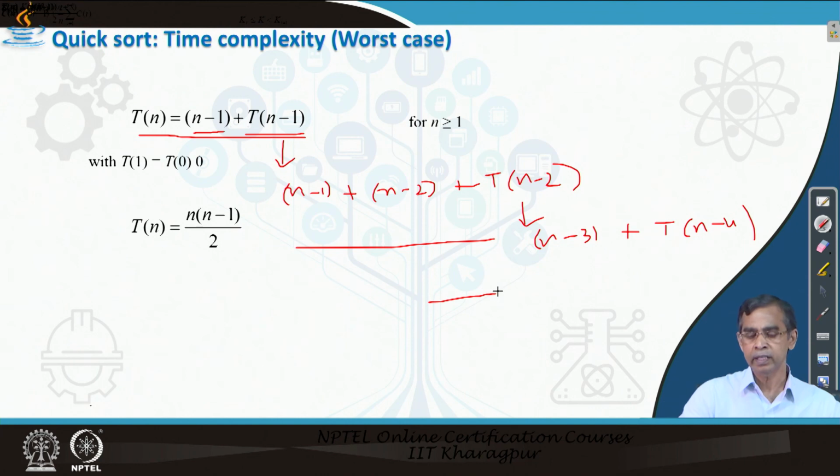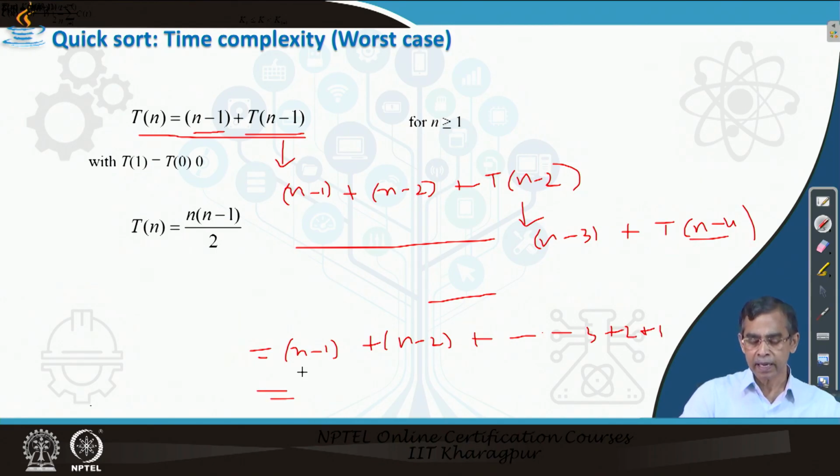If you continue this way, finally this gives you n minus 1 plus n minus 2 plus, continuing, 3 plus 2 plus 1, because this is the final termination condition. The total time required, you can check, is n into n minus 1 divided by 2. So this complexity is in the order of n square.